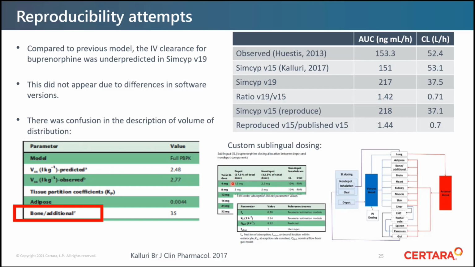They gave all these nice tables about how they did the sublingual dosing and where it worked, but we were not able to evaluate in SimCYP how it actually went into the program and how they put the parameters into SimCYP.